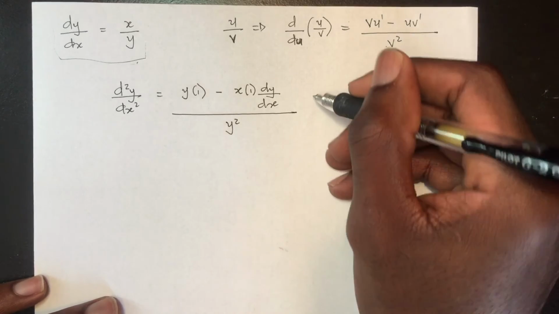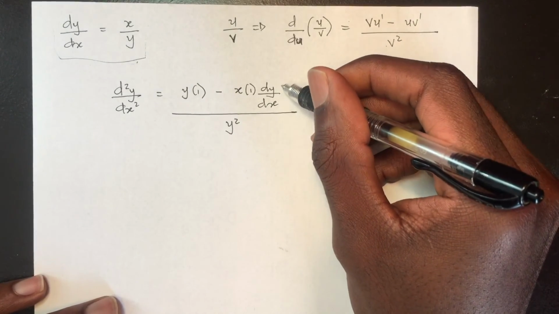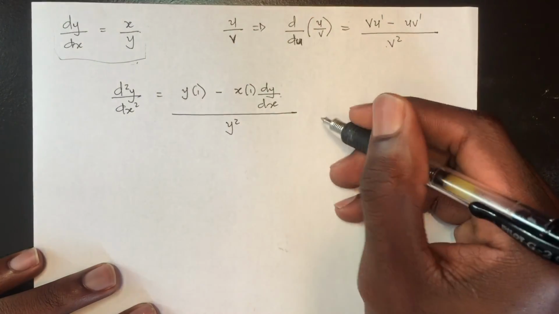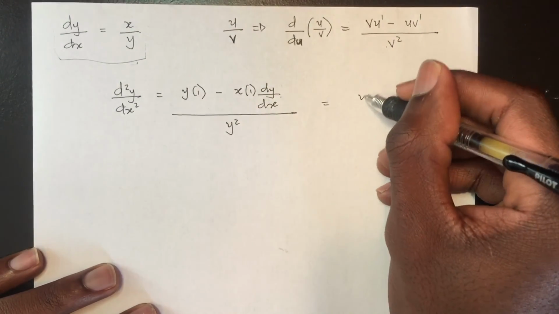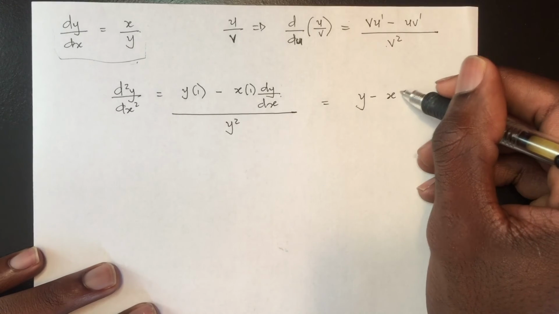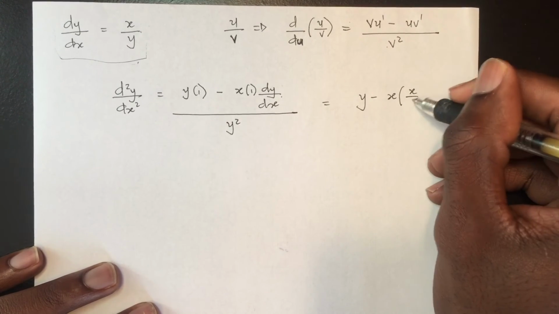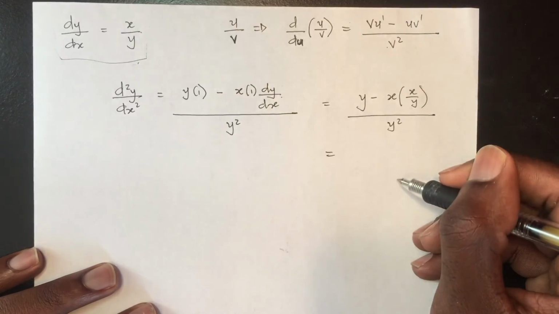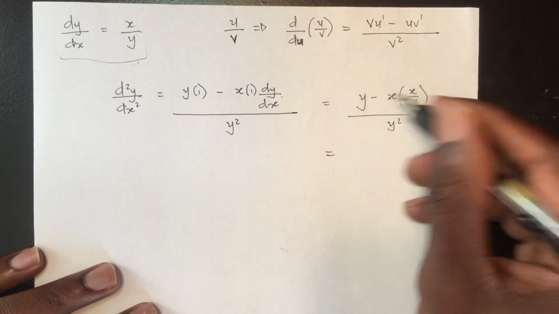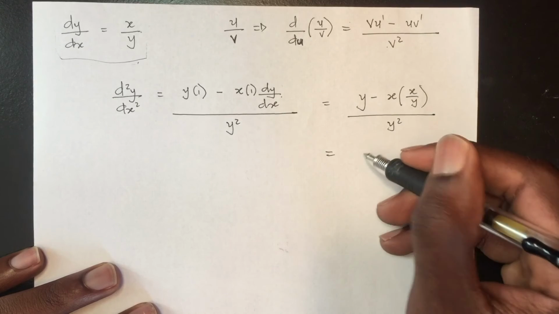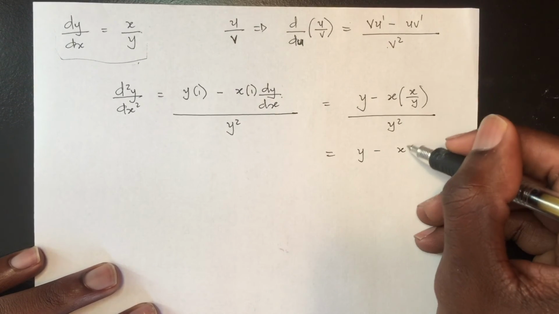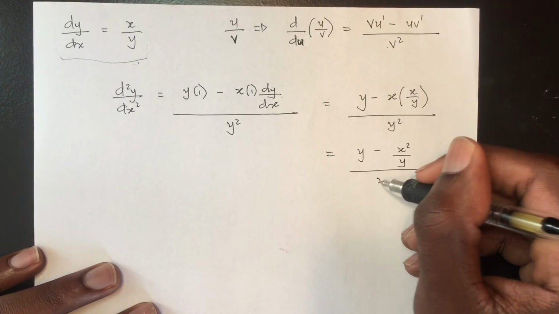We know what dy dx is, so we take it from here and insert it here. So we get y minus x times x over y, divided by y squared. Here we just have to multiply out, so we get y minus x squared over y, all over y squared.